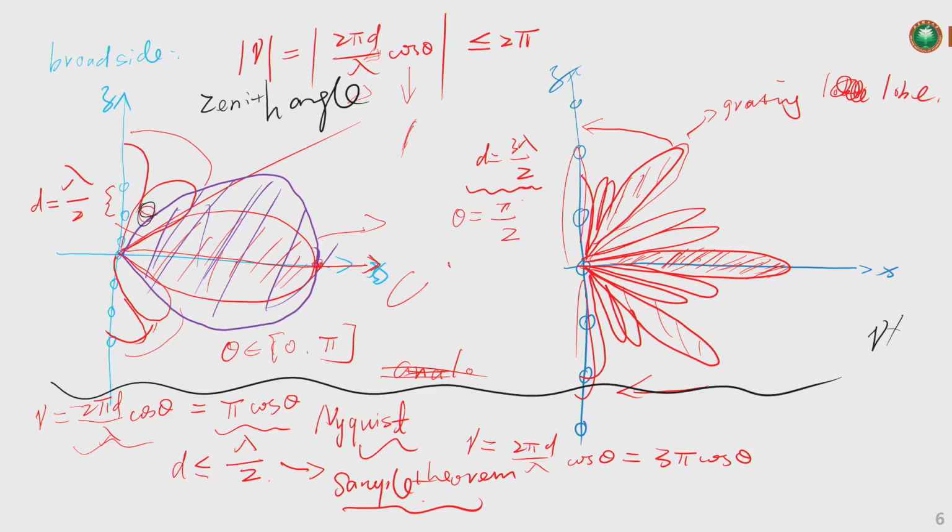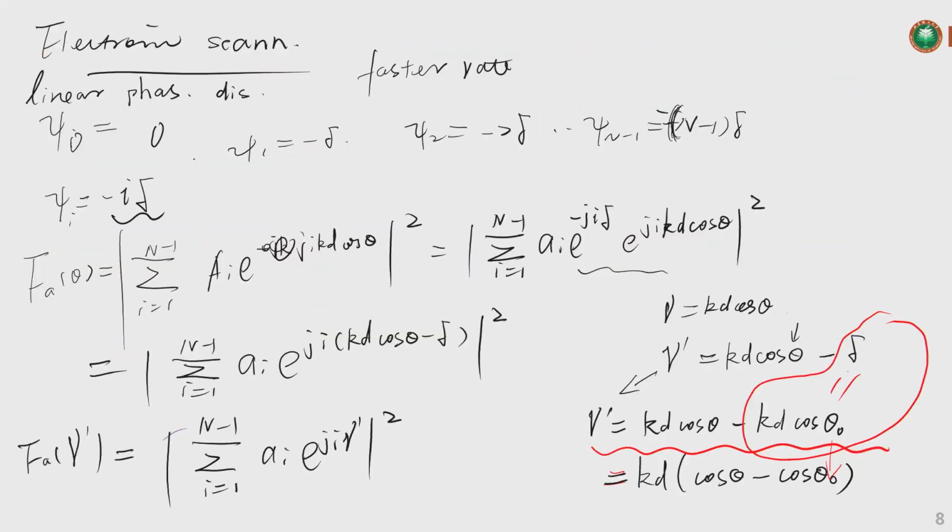That means gamma equals 0, so we can get the maximum. But for here, if we want to get the maximum, gamma prime should be equal to 0.